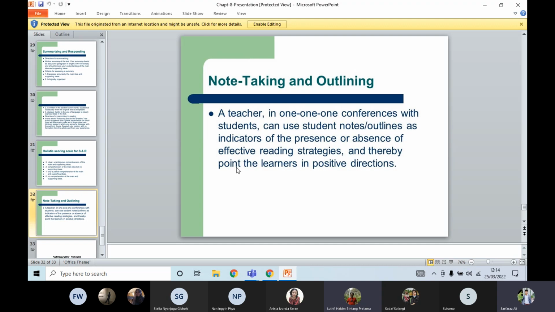Many teachers apply these strategies. When we were in the bachelor's degree, our teacher in academic reading and writing used to give us these tasks. We used to write down what he said in his own words, and we used to outline all the topics that he taught us. So this is what the note taking and outlining tasks are.